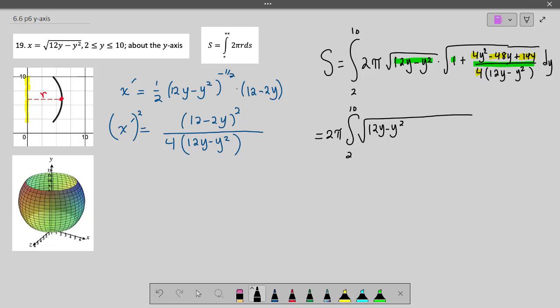So what's left after this cancellation there is going to be plus y squared minus 12y, and then 4 goes into there. 144 divided by 4 is 36 dy.